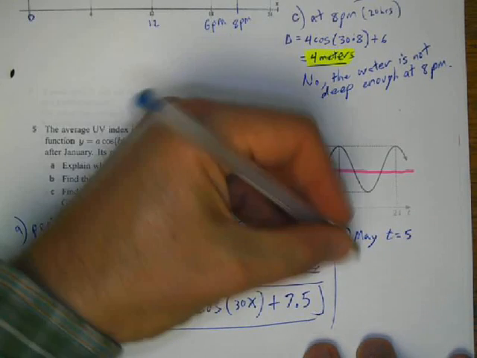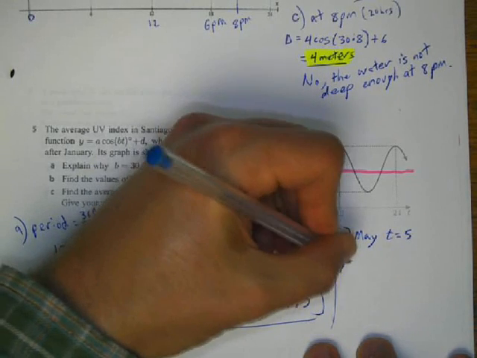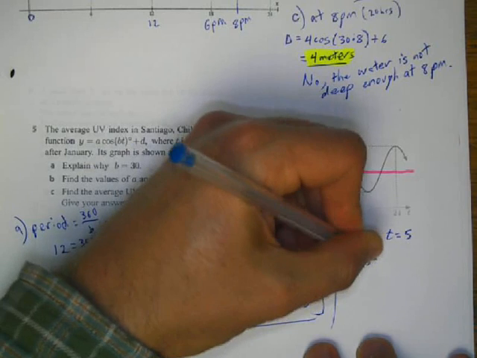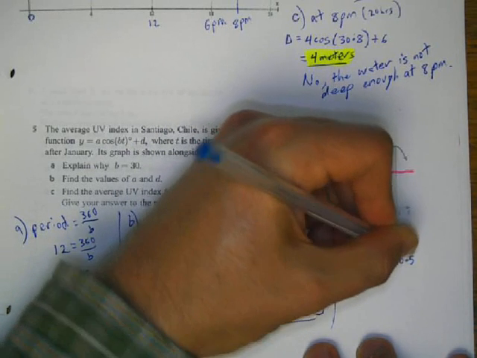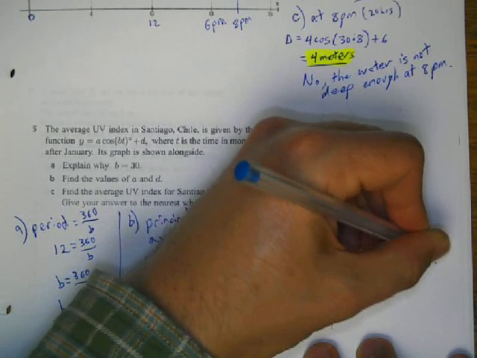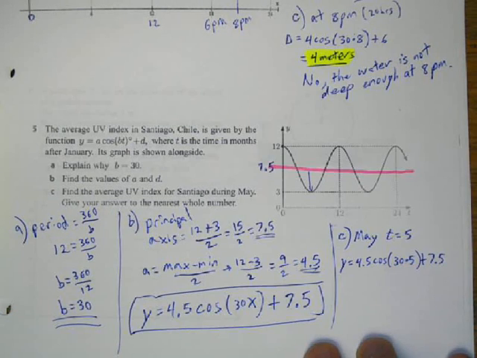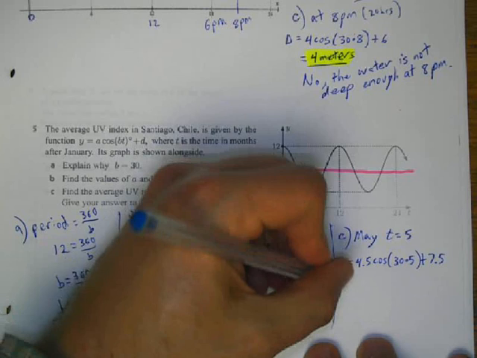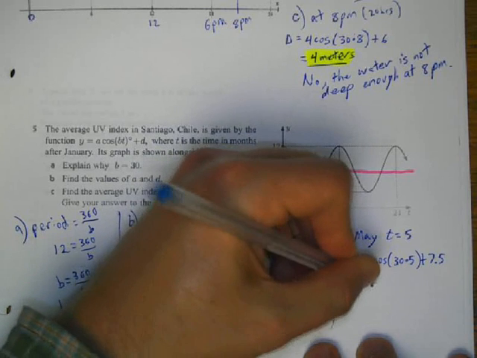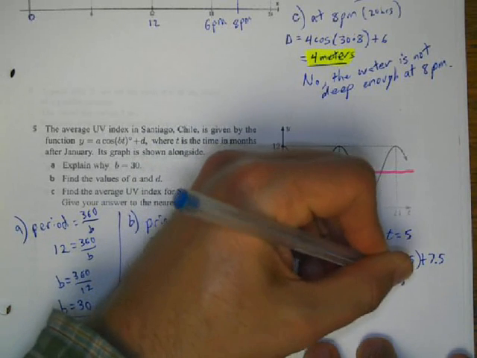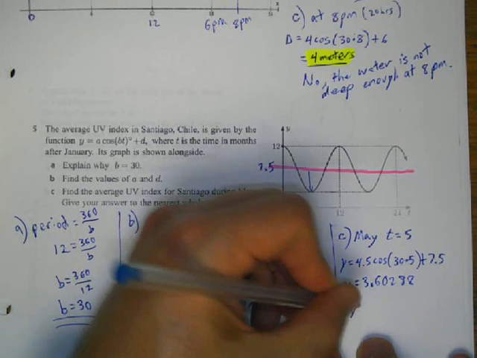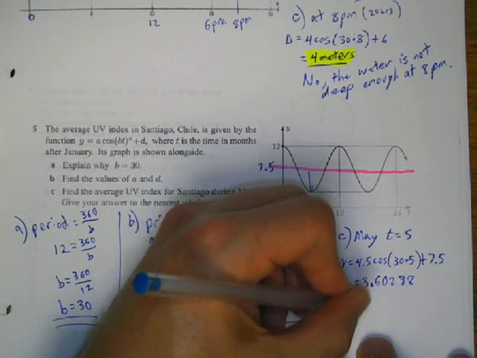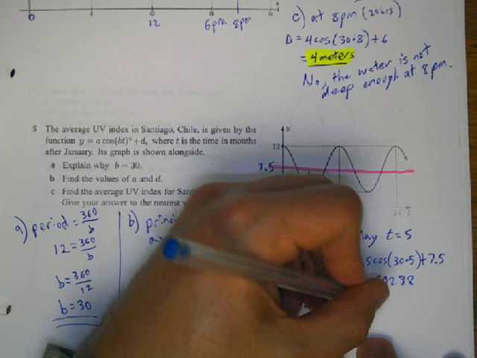So we're going to get 4.5 cosine 30 times 5 plus 7.5. And then I end up with 3.60288. And it says round to the nearest whole number, so y equals 4. And that's our UV index.